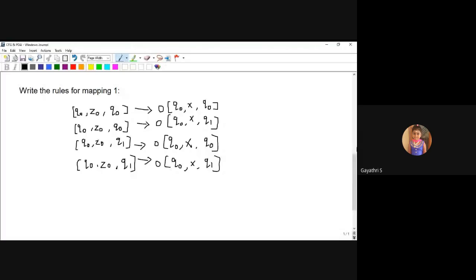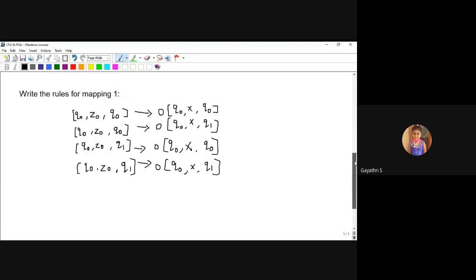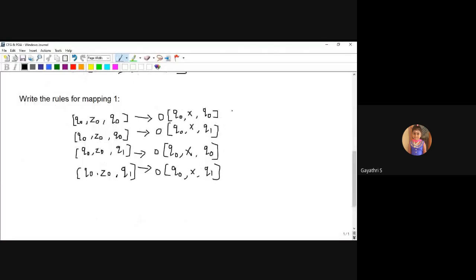So the x portion is over, the remaining portion is for z naught. It ends with q naught, so it starts with q naught. Ends with q1, so starts with q1. Ends with q naught, so starts with q naught. Ends with q1, so starts with q1.